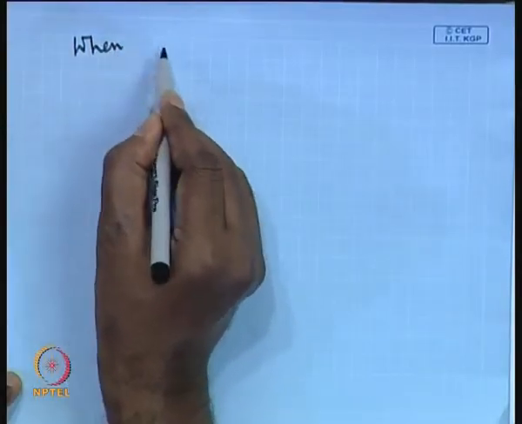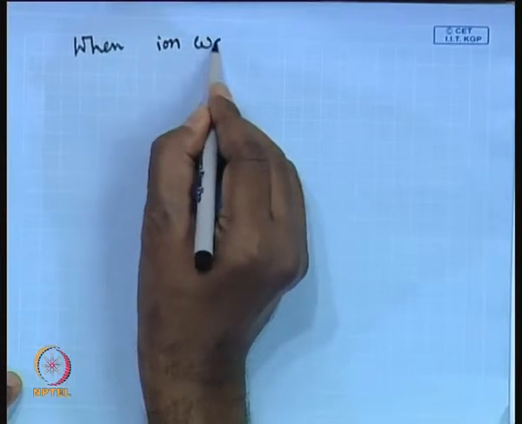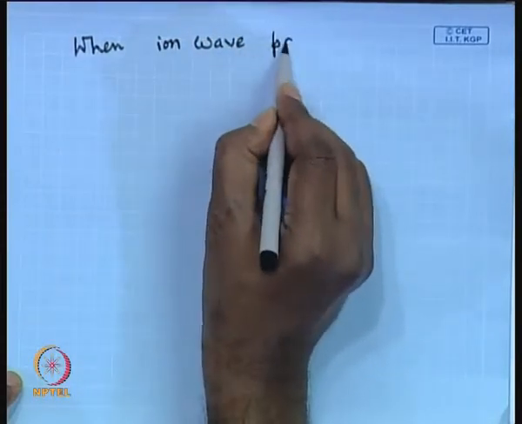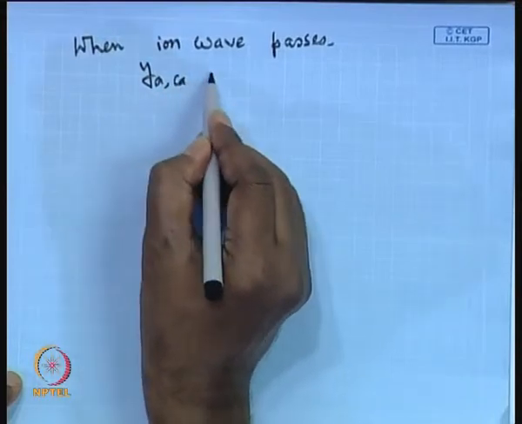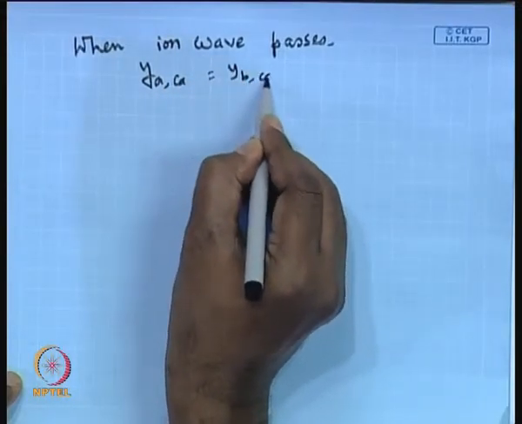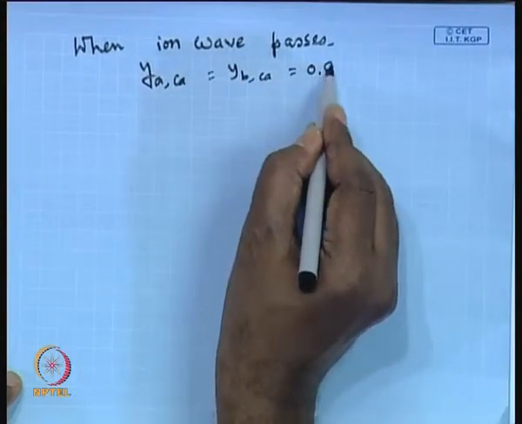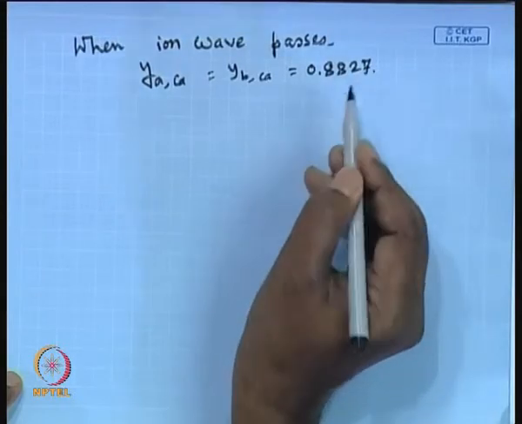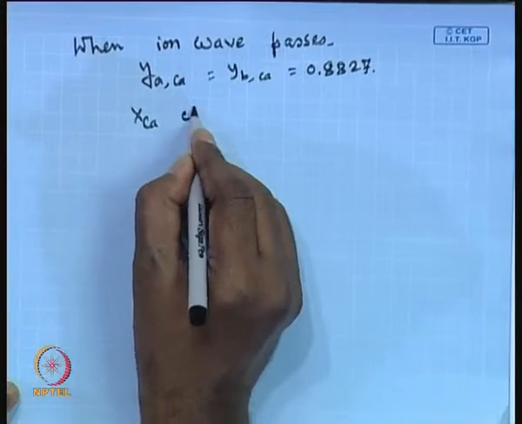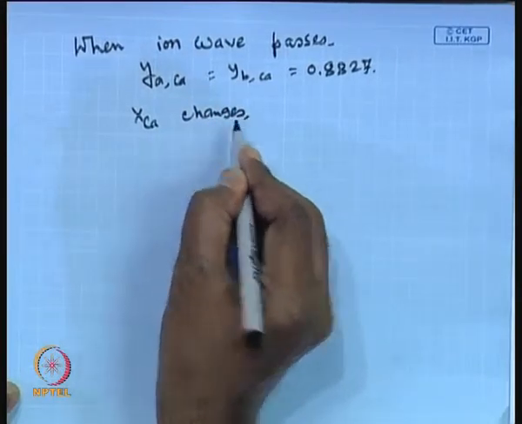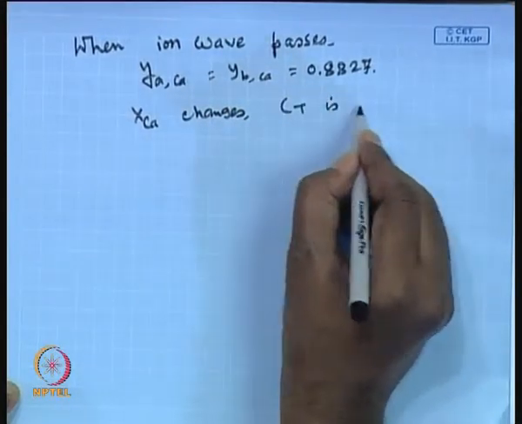Now, when the ion wave passes, YaCa is equal to YbCa, which is 0.8827, and XCa changes because my Ct has now changed.